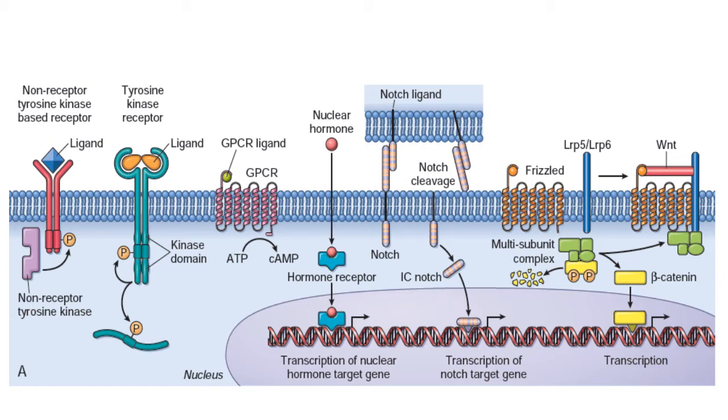The various types of receptors are present on the cell or in the cell, and they include a non-receptor tyrosine kinase based receptor, a tyrosine kinase receptor, a nuclear receptor that binds with its ligand and then can change the transcription, a 7-pass transmembrane receptor linked to a G protein, and Notch, which recognizes a ligand on a cell and is cleaved, and then it yields an intracellular fragment.